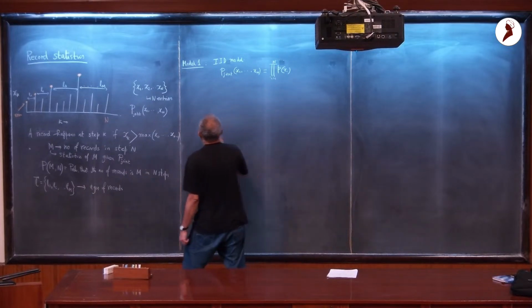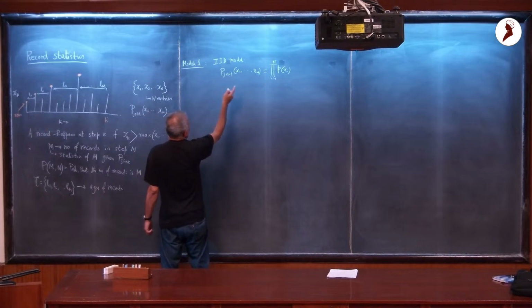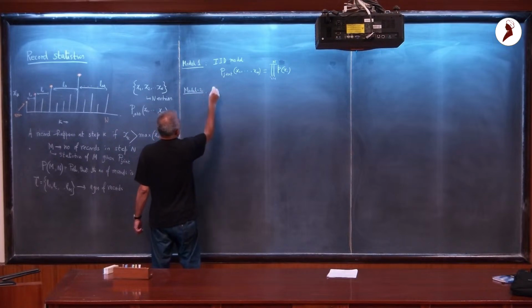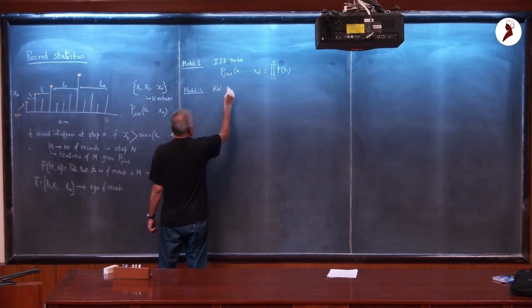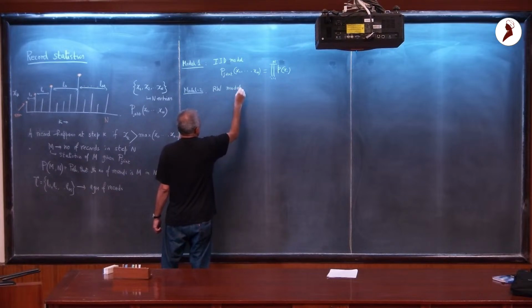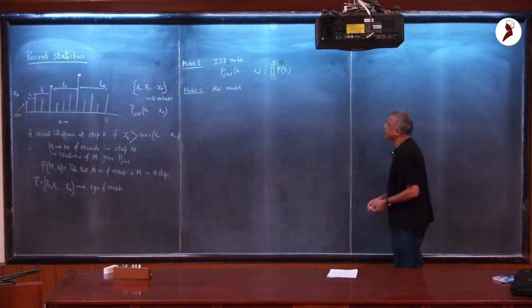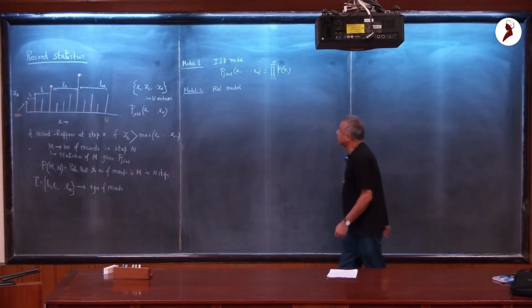And the second model, as I said, is a model where there is no correlation between the entries. And model 2 will be the random walk model. The two favorite models that we discussed, where the entries are very strongly correlated. So let's start with model 1.